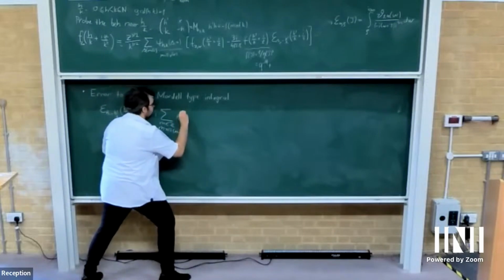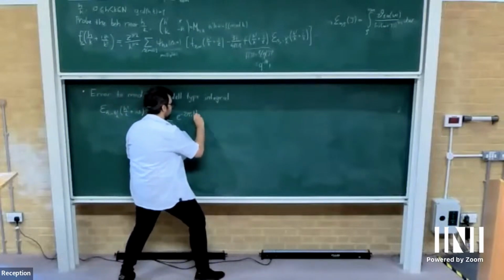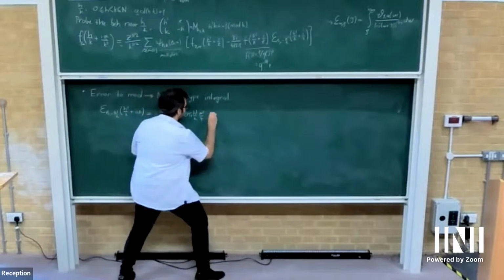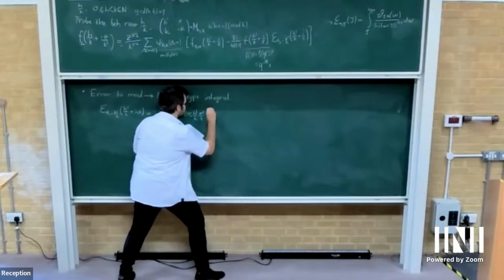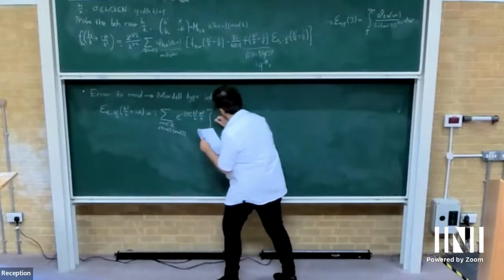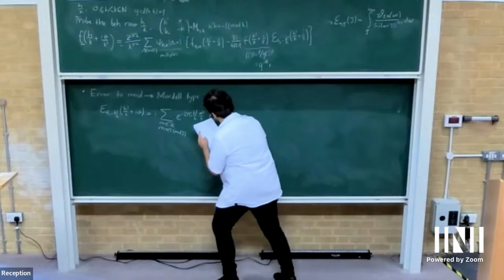There are phase factors that come from the terms inside the theta function. And then I have the integral. So I have commuted the sum with the integral, which for certain examples requires some care, but it's not a problem.